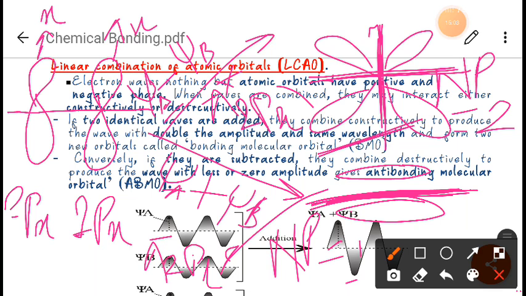So when we talk about the formation of this 2p, up to this you have understood, right? The formation of the molecular orbitals obtained from 2px is shown here.